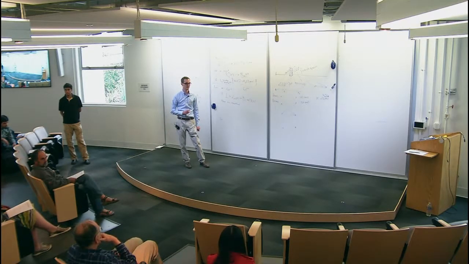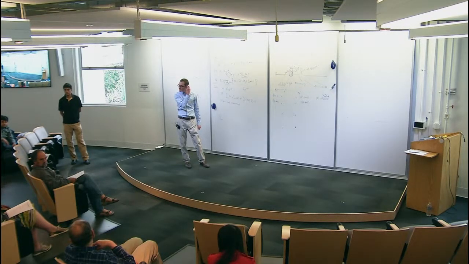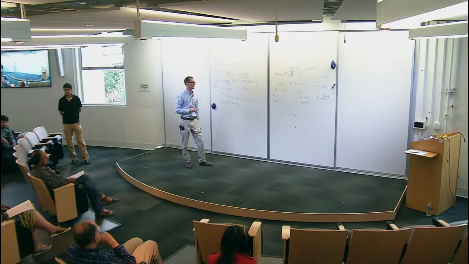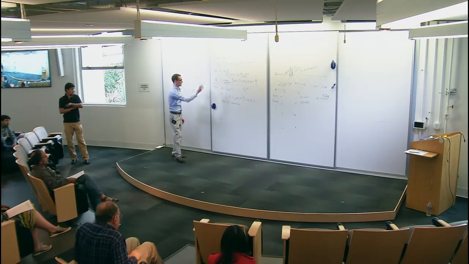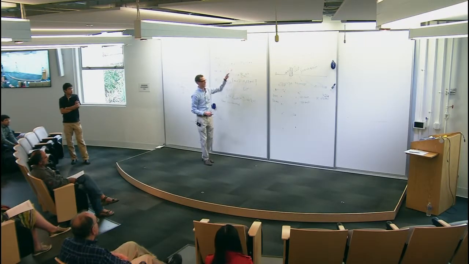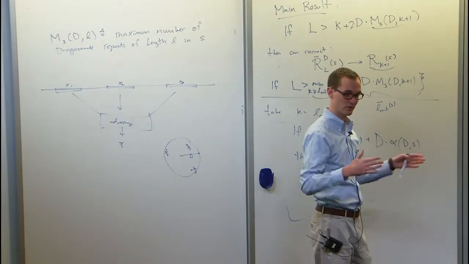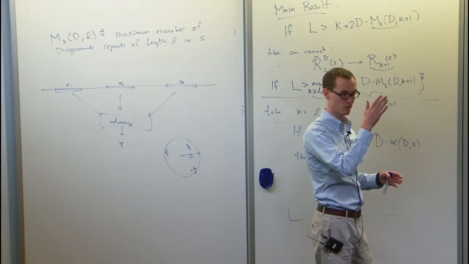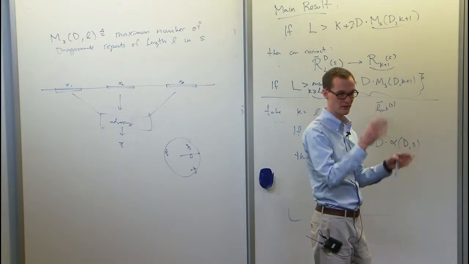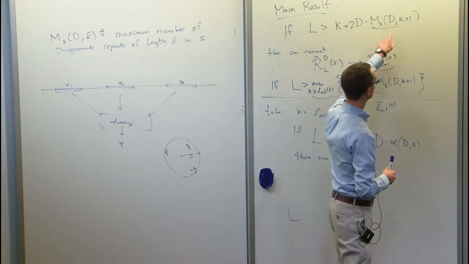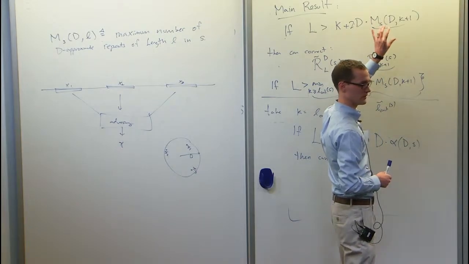How essential is it to have the number of erasures per read and per page the same? It's not essential. Things would change slightly. If you said D1 errors per read and D2 errors per column, then one of these becomes D1 and one becomes D2, I think, and that's it.